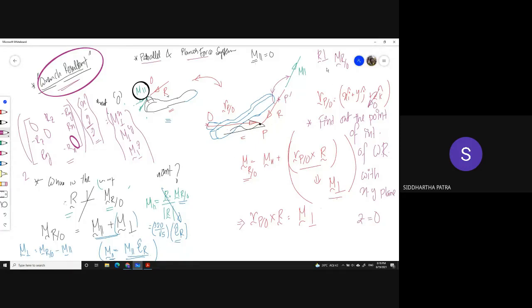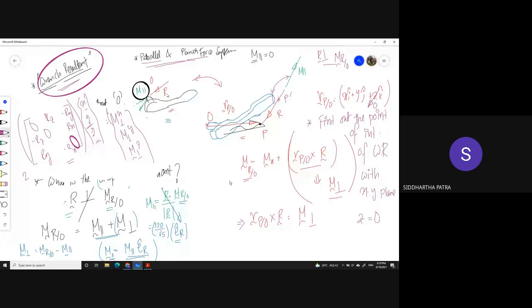Those are situations where it is trivially true, always true. But you can also have a generalized force system where you might get a situation where the resultant force and the resultant moment might be perpendicular.